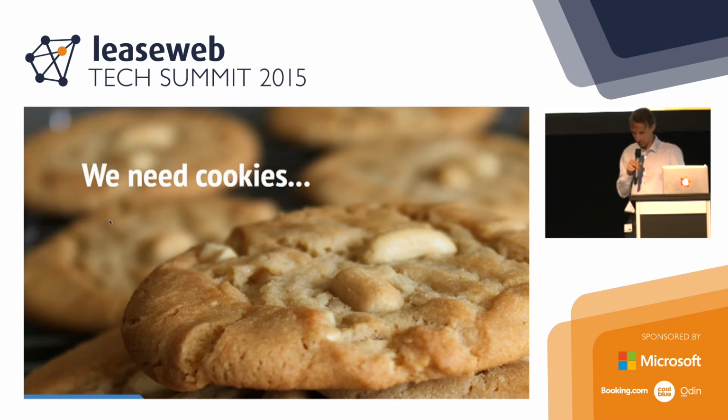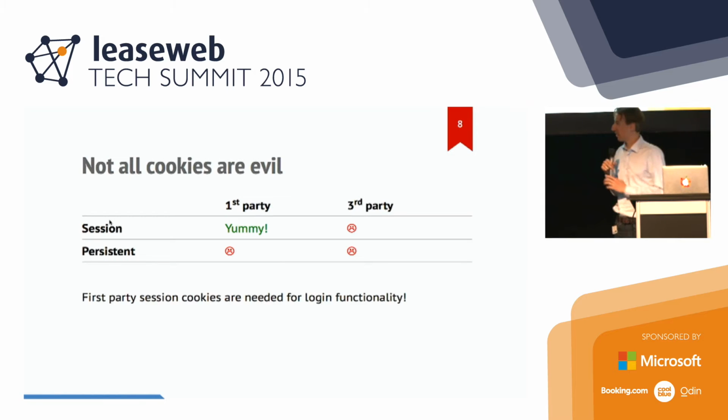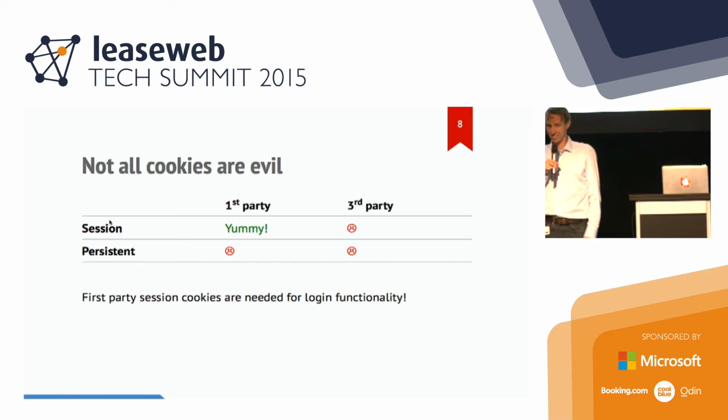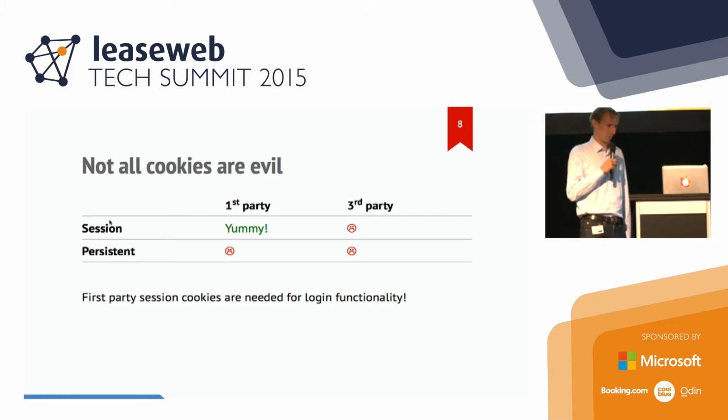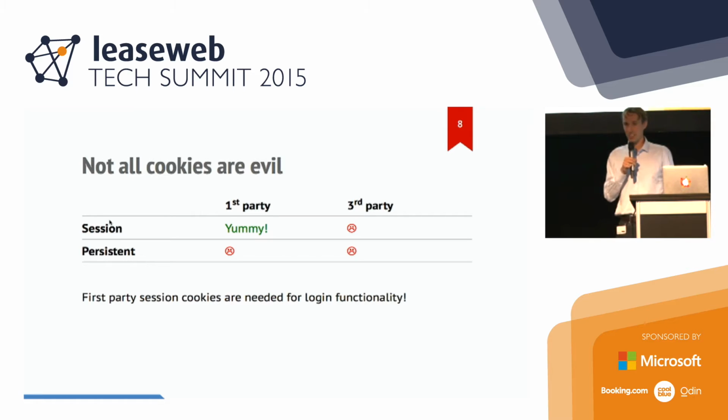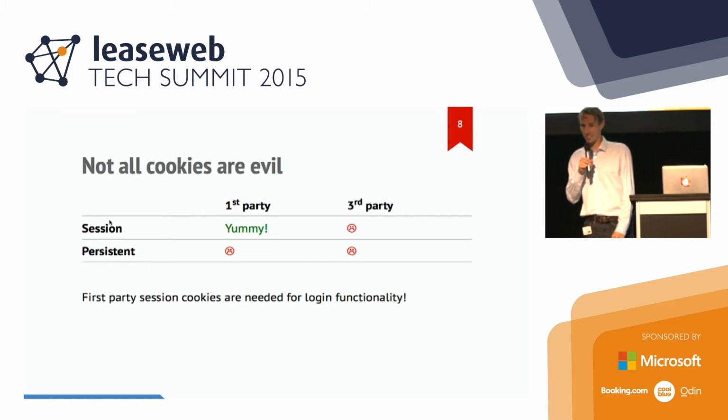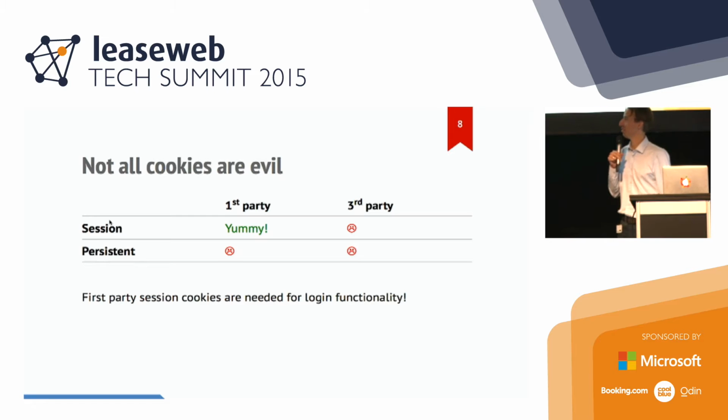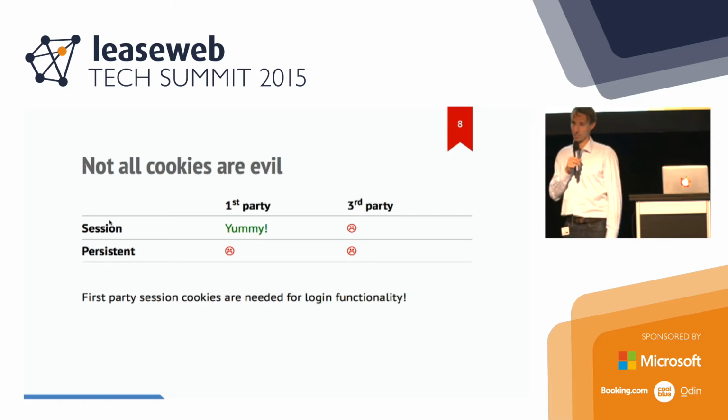So we need cookies, right? But cookies have a bad reputation. Everybody says cookies are bad, but cookies are not bad. Certainly not all cookies are bad. If cookies were all bad, then you wouldn't be using any application on the internet, because every internet application that you have to log into uses cookies.